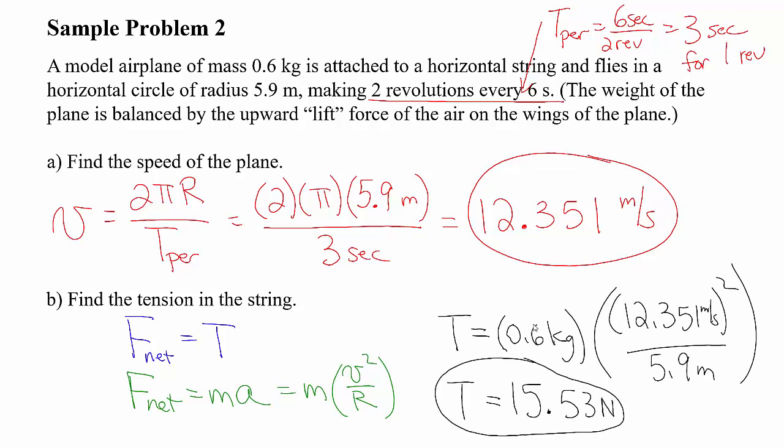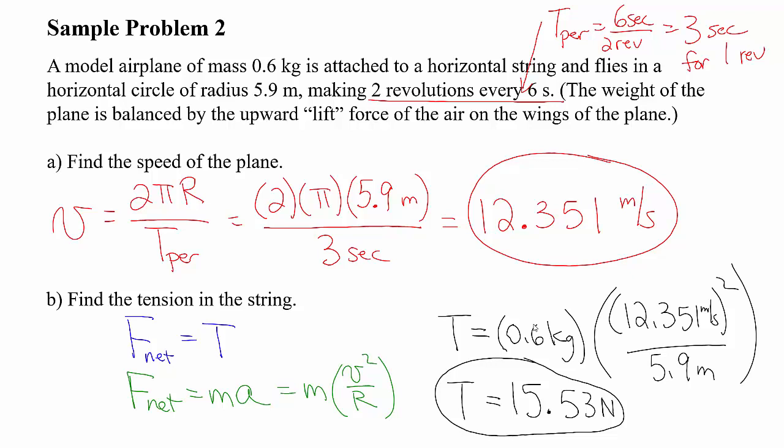And so the tension would equal the mass times the acceleration. It's 0.6 kilograms times the acceleration, v squared over r. So it's the speed, 12.351 squared, divided by the radius of 5.9 meters. That gives us a tension in the string of 15.53 newtons.